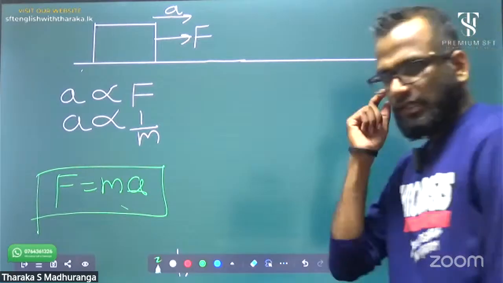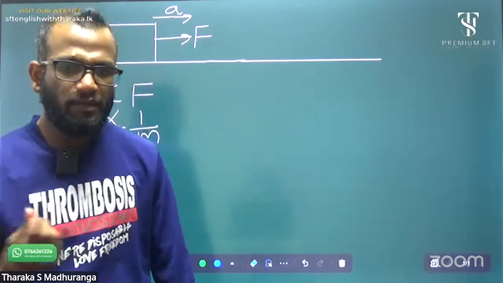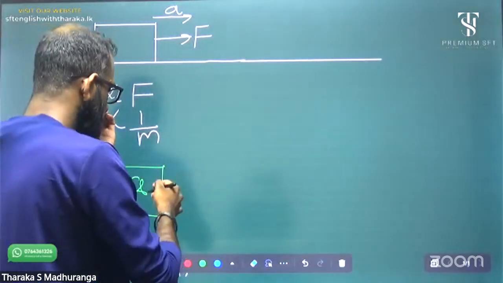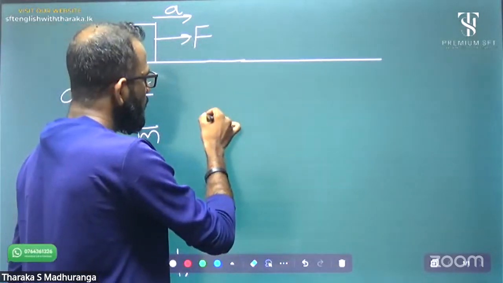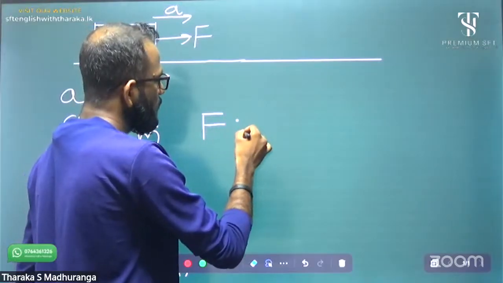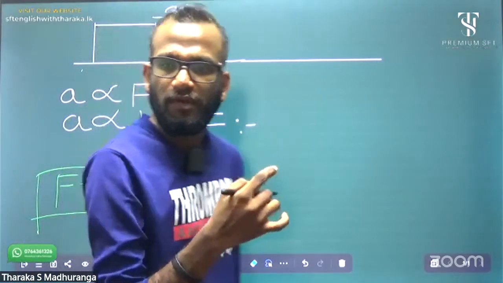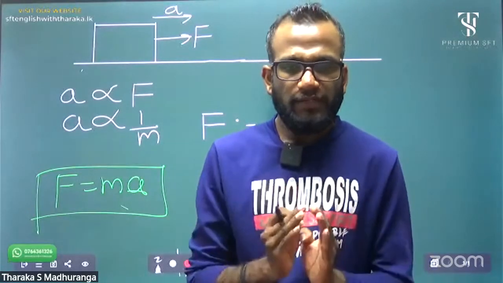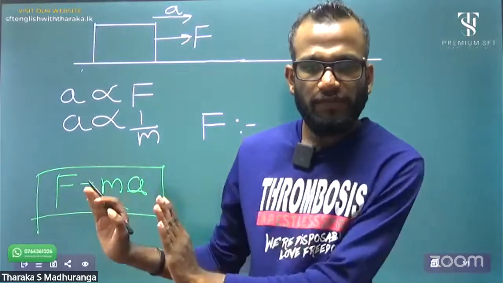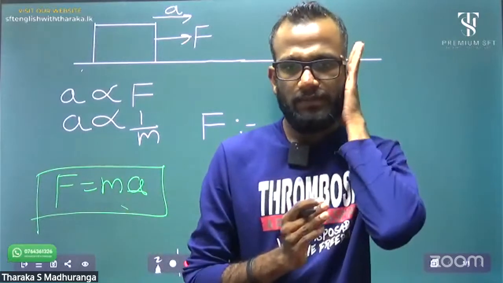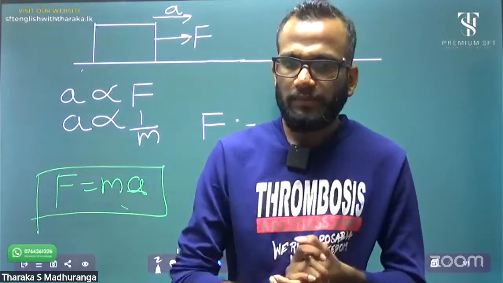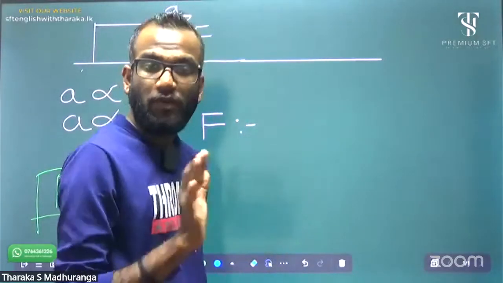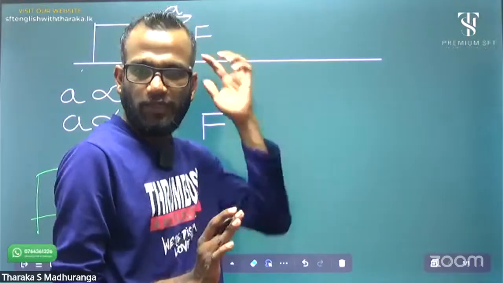Not only the equation, the meanings are also asked. You have to define each term. What is the name of F in the Newton's second law equation? Force alone is wrong actually.